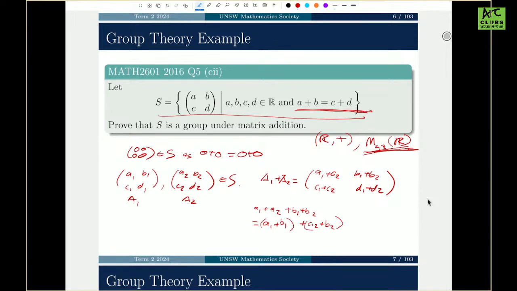Then we can use the fact that both matrices are in S to say that this first thing here is C1 plus D1, and the second thing is C2 plus D2. Then after rearranging once more, that gives C1 plus C2 plus D1 plus D2, which implies that the sum is in S.